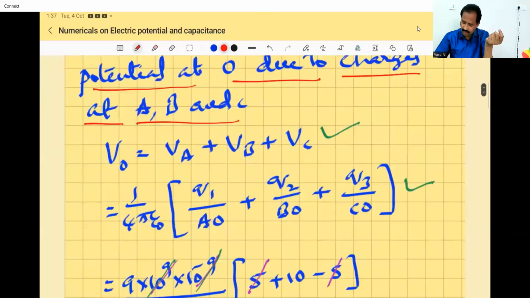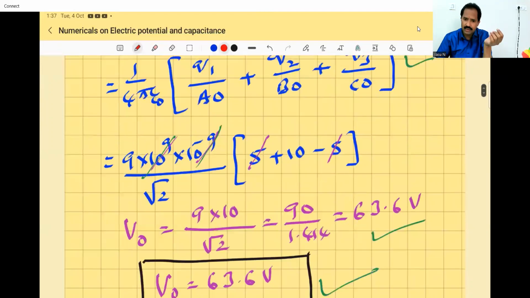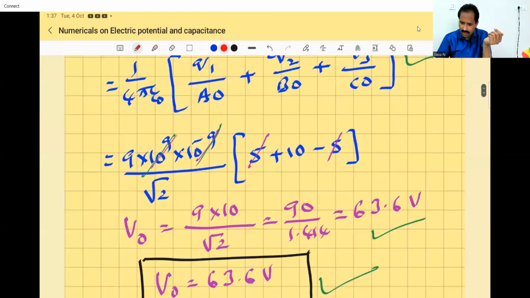Since all have nano, take 10 power minus 9 common. What remains is 5, plus 10, and Q3 is minus 5. You should take the minus only. Divided by the distance, which I take common because AO, BO and CO are equal. It is √2, which I take out as common. The 10 power 9 and 10 power minus 9 get cancelled. Now the remaining is 5 plus 5, and 10 is inside, so it is 9 into 10.